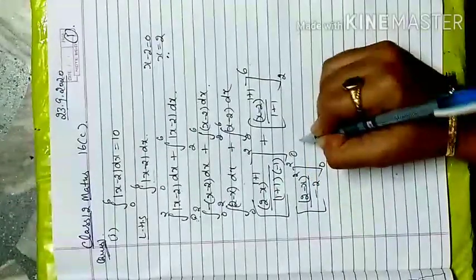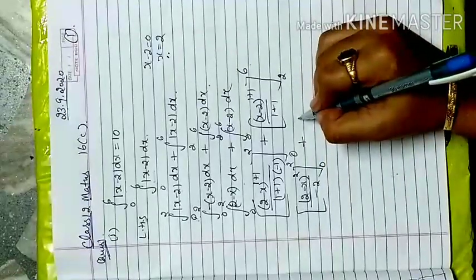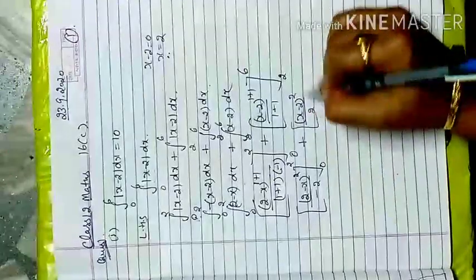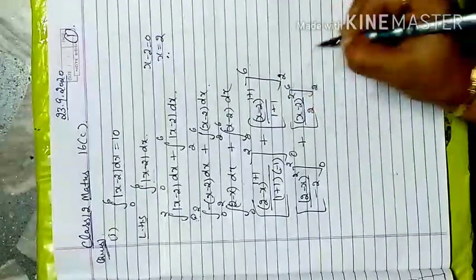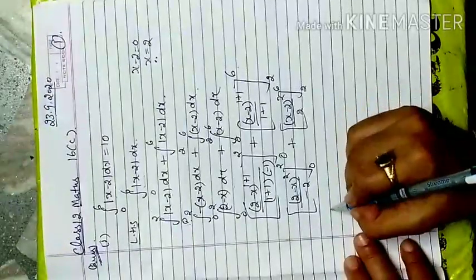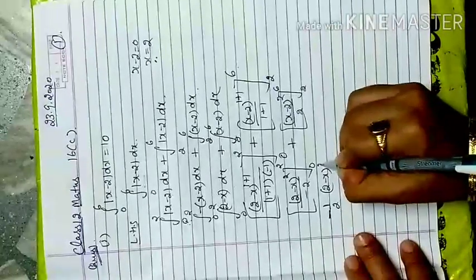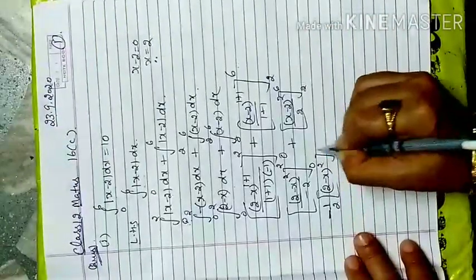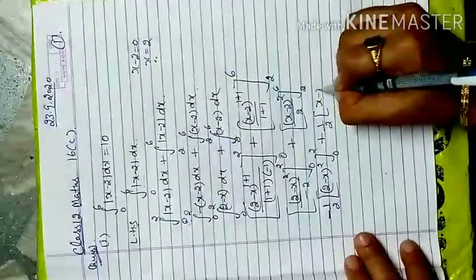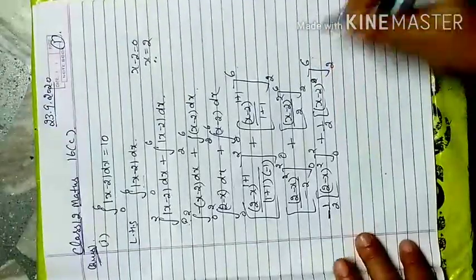Okay, then here 0 to 2, but here when you apply it, that will be x minus 2 by 2. You can take the constant term outside before applying the upper limit or lower limit. So when you take this as common, minus 1 by 2 times 2 minus x square from 0 to 2, plus 1 by 2 times x minus 2 square from 2 to 6.